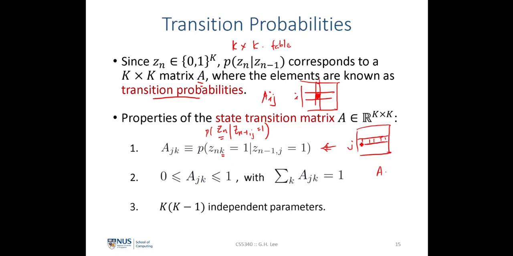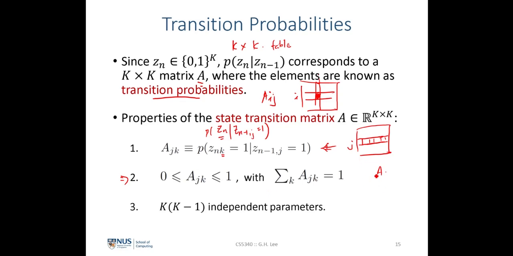Every entry is the probability of Zn taking that particular state, given that the previous state is equal to j, and all these probabilities must sum to 1. This is described by the second condition, where the sum of the whole row j should be equal to 1, and every entry should be from 0 to 1.